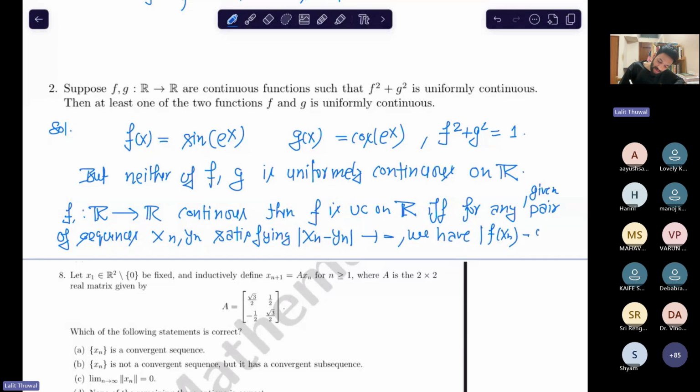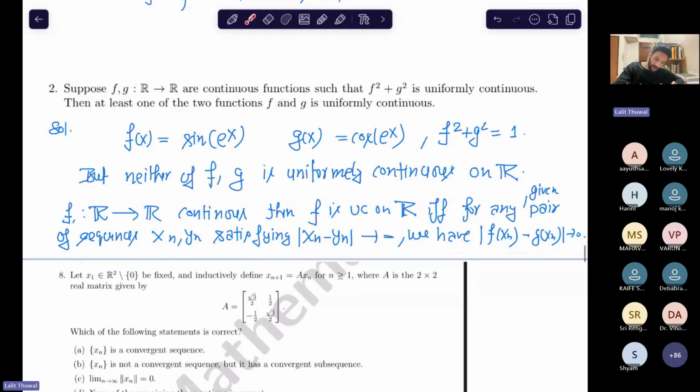So this is an if and only if condition. Suppose this is satisfied for any pair of sequences, then f will be UC. If f is UC, then this will be satisfied.